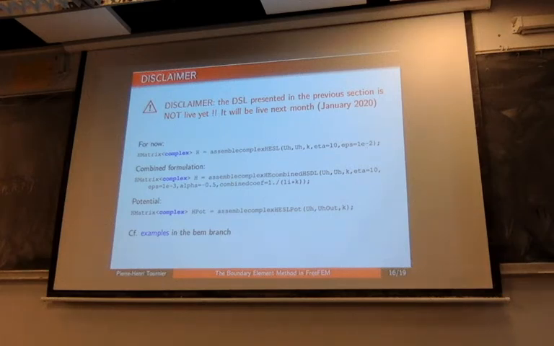So this is your finite element space, this is your wave number, and this is the H2 parameter for the compression. If you want to do a combined formulation, you can also do that, so combine the hypersingular, the double layer with a mass matrix with coefficient minus half, and the combined coefficient for the double layer, like this. So same as before, but much less elegant. Right? And the potential is the same, and you have some examples that already use that in the demo.